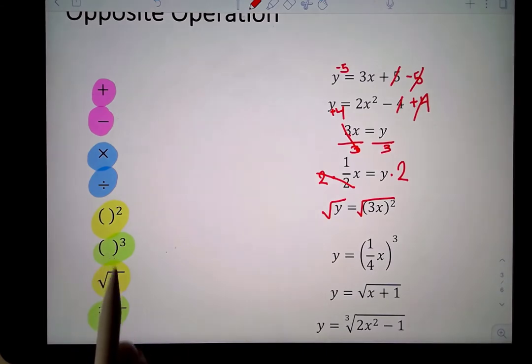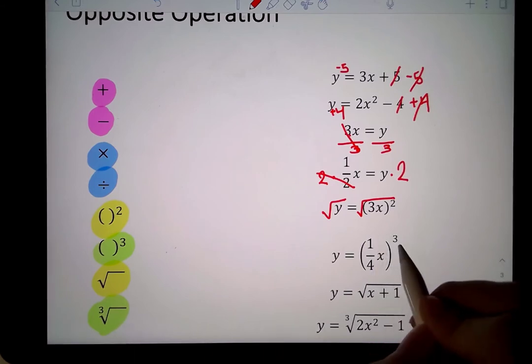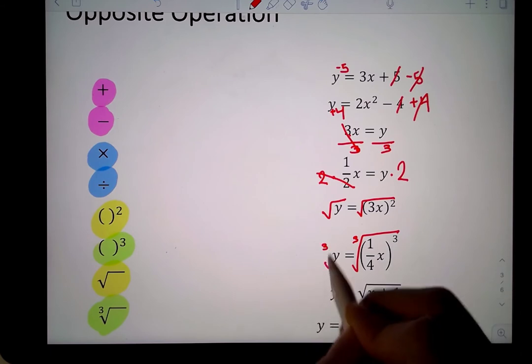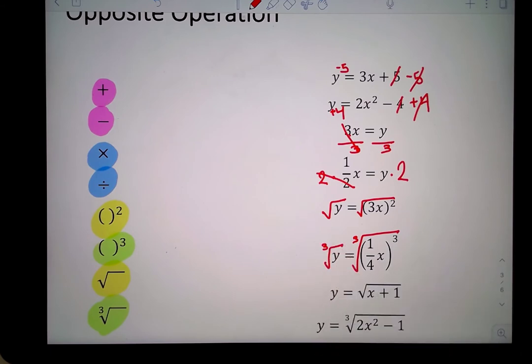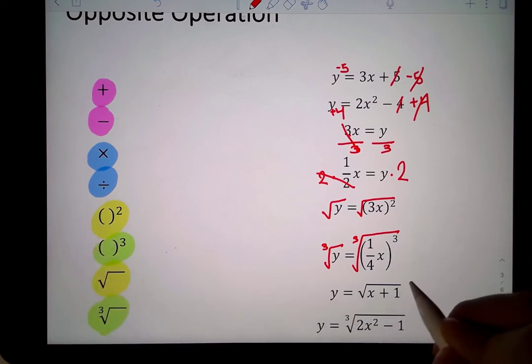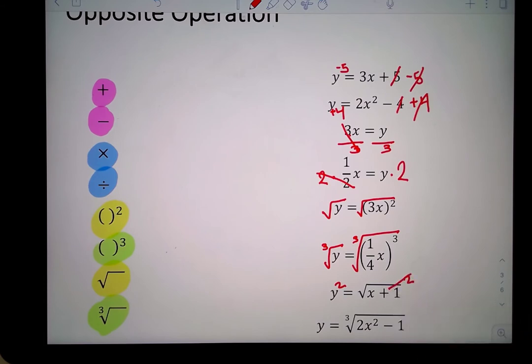And when you get cube, then what is the opposite? Cube root. And when you have square root here, to cancel square root, the opposite is square. So you square each side. Then you can get rid of this. And when you have cube root, you cube it, like that.